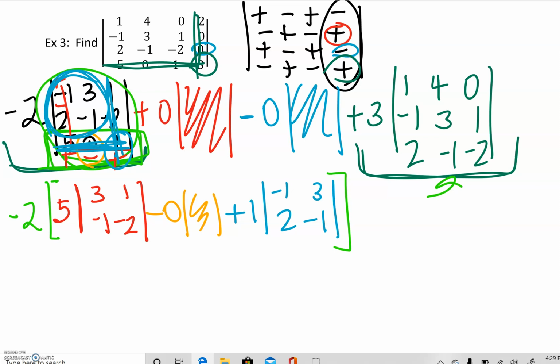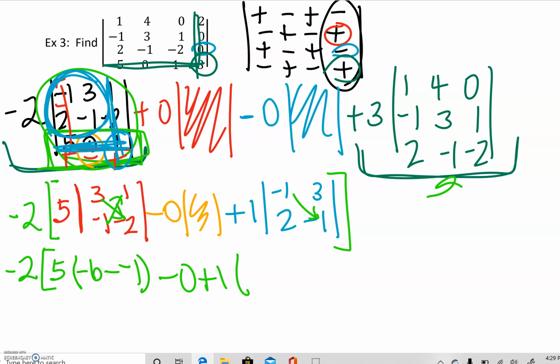All right, so this would be negative 2 times 5, and then that'd be 3 times negative 2, negative 6, minus a negative 1, minus 0, plus 1 times 1 minus 6.